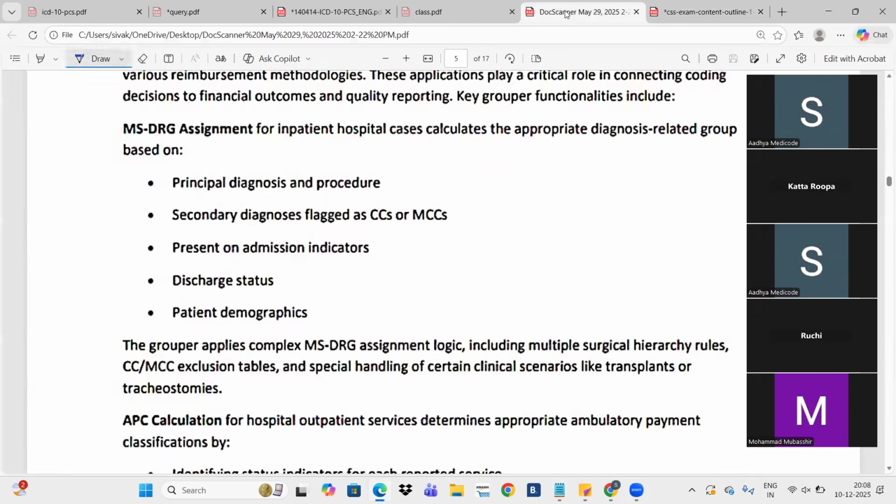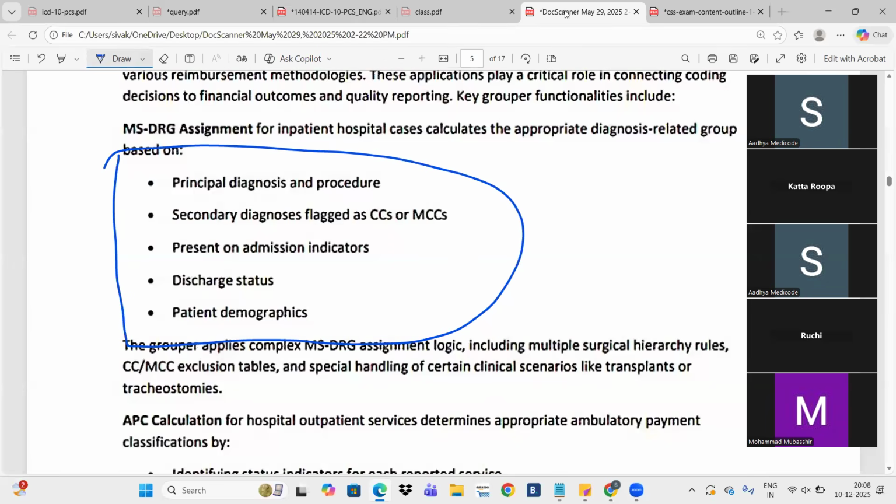These are the factors affecting the DRG: principal diagnosis and procedure, MCC, CC conditions, patient present on admission indicators, POA, discharge status, patient demographics like age, sex. Based on all these factors, they will calculate the DRG value.